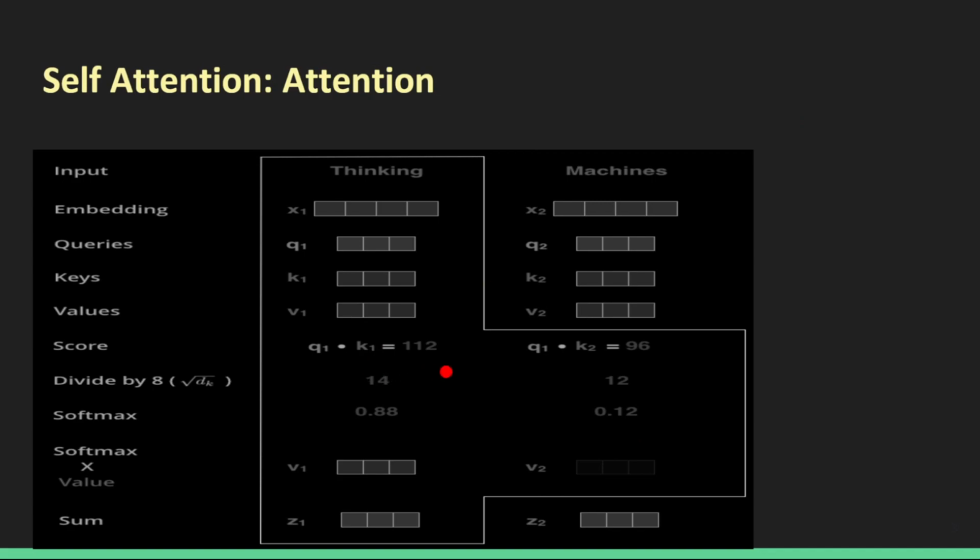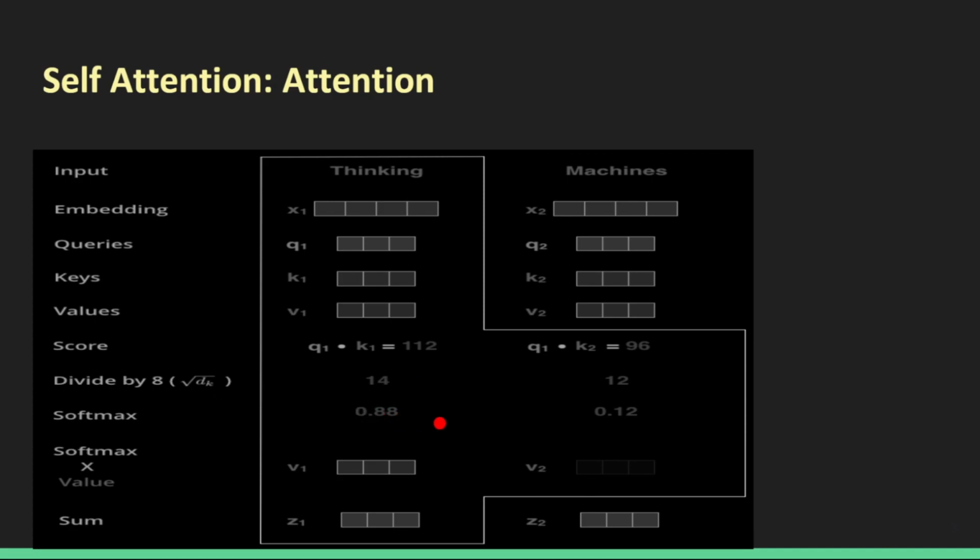This may push our output to regions with smaller gradients. To counter that effect, we divide these magnitudes by the square root of the dimensionality of our Qs or our keys. They're the same, each one is 64 for the original transformer network. If you take the square root of that, it's 8. So you divide by 8.